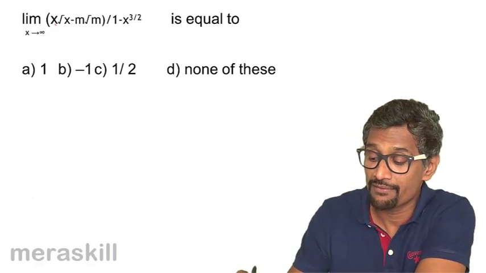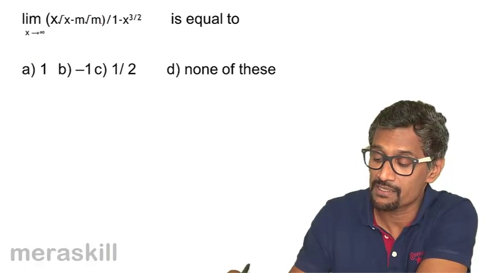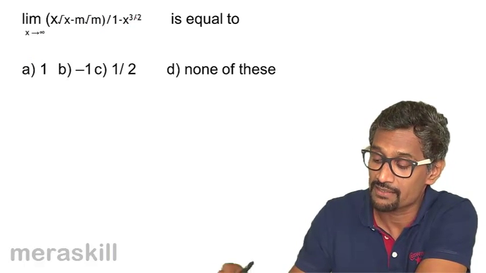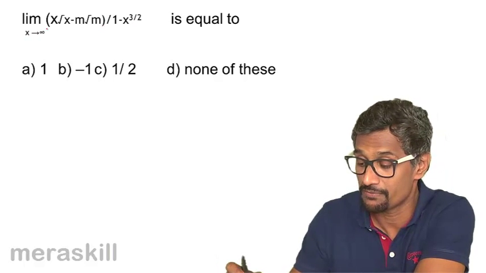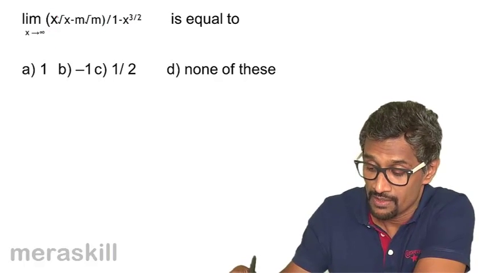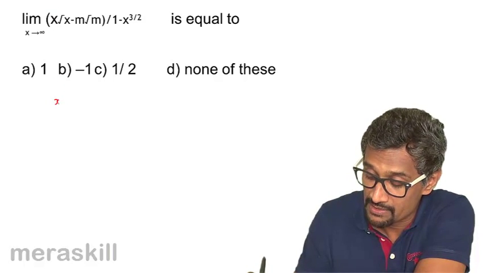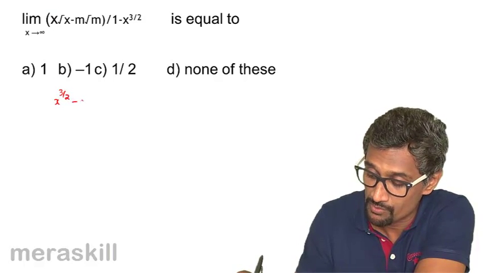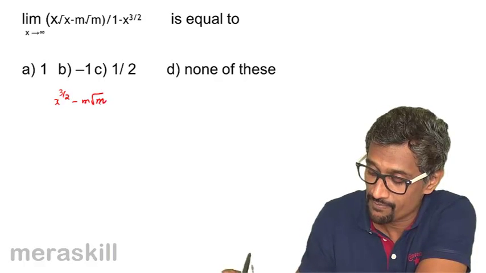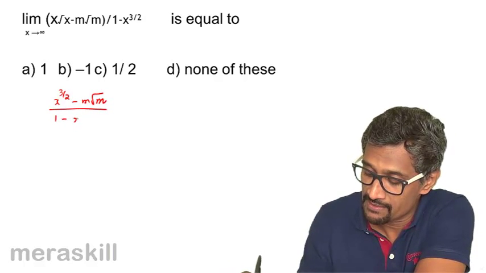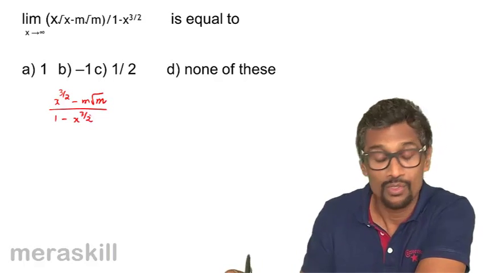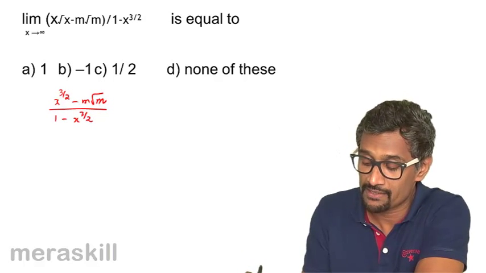So here we have the limit of (x root x minus m root m) upon (1 minus x^(3/2)) as x tends to infinity. So let's convert this: x into root x turns out to be x^(3/2), minus m root m, upon 1 minus x^(3/2). So the bigger power of x is 3 by 2.